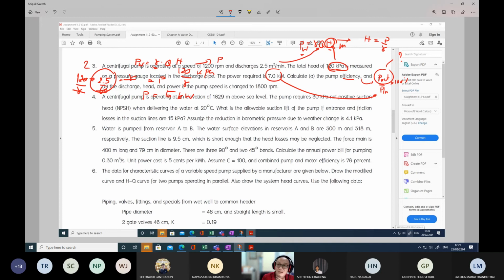That's all for the power output. Then if you take 5 divided by 7 times 100, you will finally get 71 something percent. This is the answer to question A.